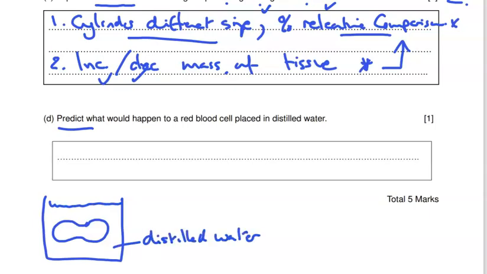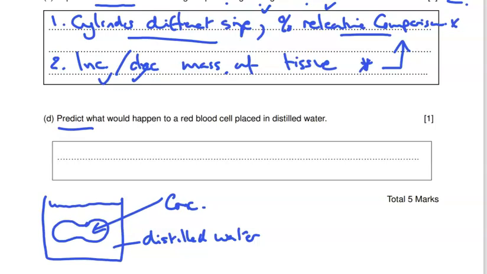And so probably you're already thinking that the contents of the cell itself will be more concentrated. You might say they have a greater osmolarity or a lower water potential. Either of those ways of thinking are appropriate.